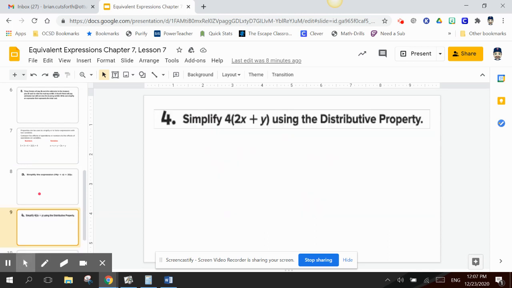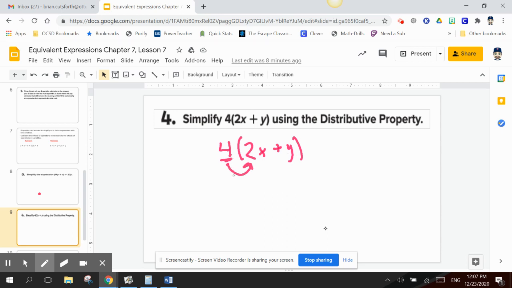Here's another one. 4 times the quantity of 2x plus y. So again, 4 times 2x plus y. Distributive property, which means I want to distribute the 4 to both of the numbers inside.